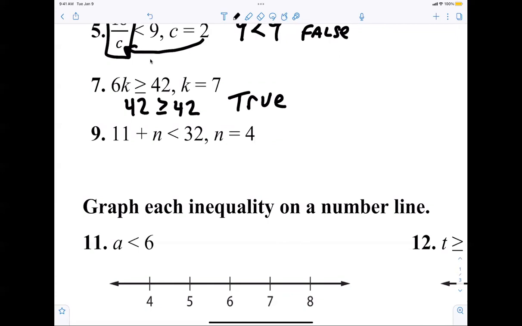I don't understand. I'm just telling you, all you have to do is plug this number in and see if it's true. Don't make it too hard, because K can be any number right now. Tomorrow I'm going to show you how to solve these, but right now you're just plugging in to see if it's a true statement. That's all you're doing.